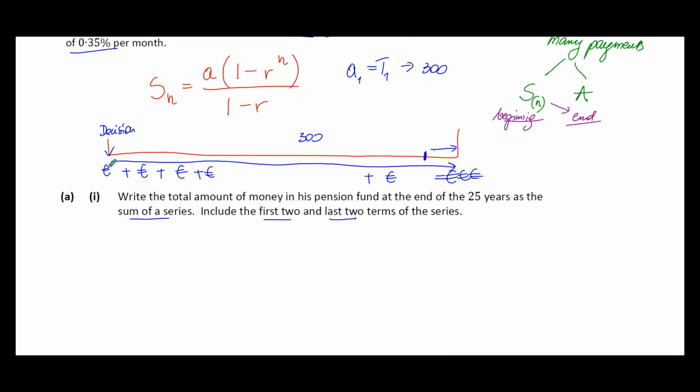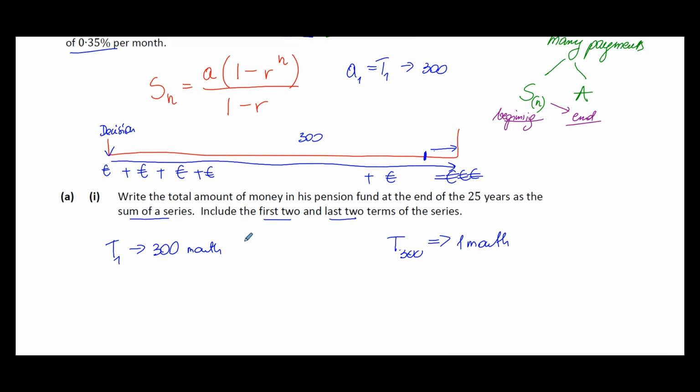Like we said, the very first one will be there for the whole period, so my term 1 will be there for 300 months. And the last one, so every month for 300 months, the last term, term 300, will be there for 1 month.